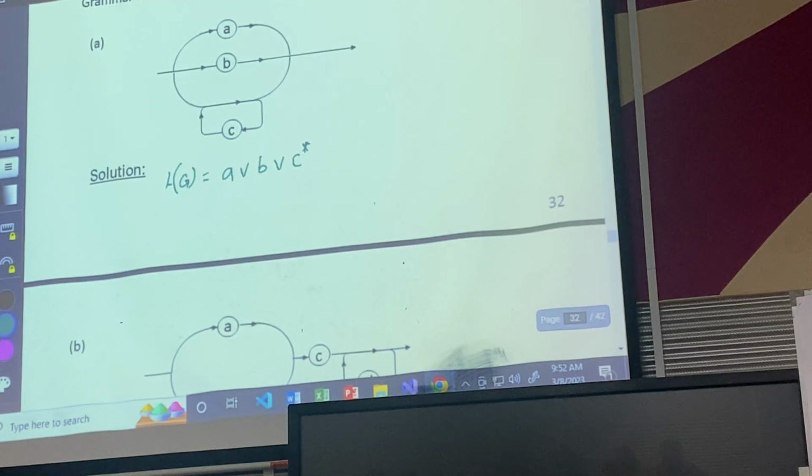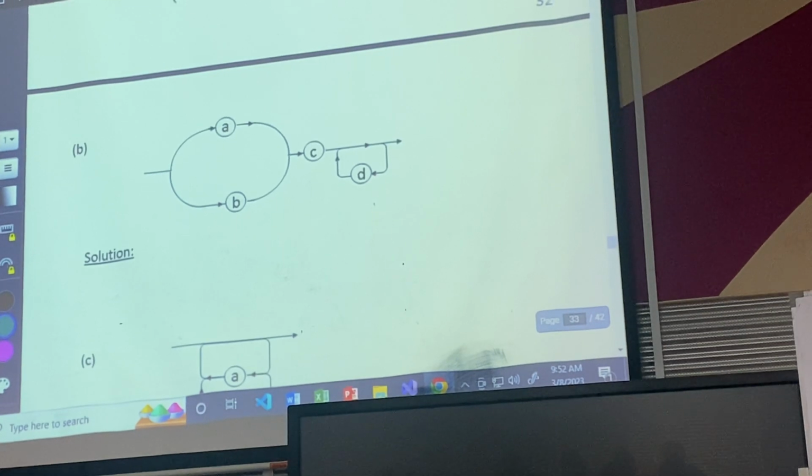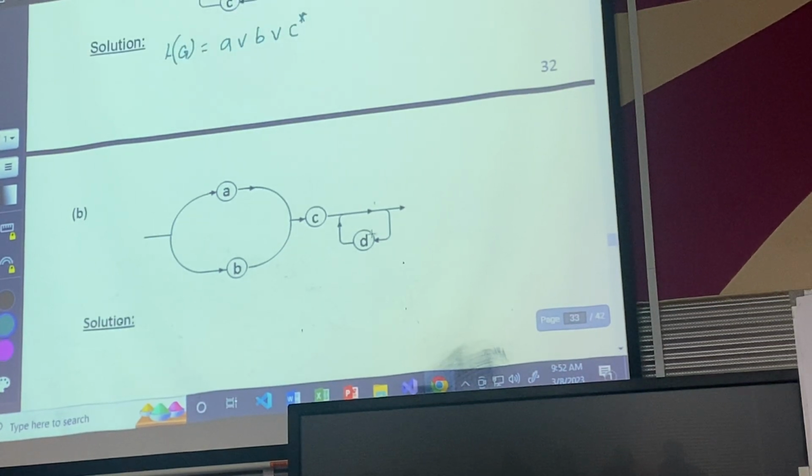Okay. How about this? This one? How to write the regular expression? If you write like that, your answer will be very wrong, right? Can we simplify it a bit?